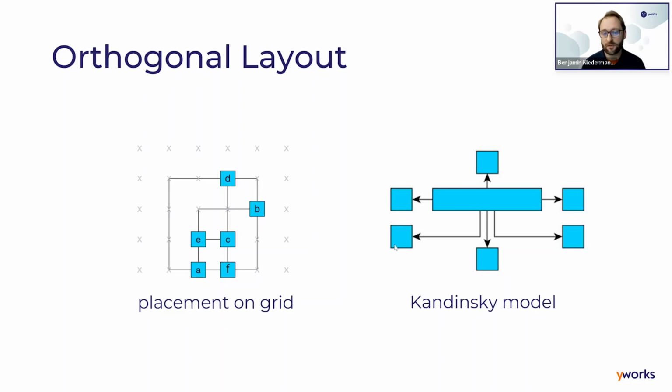And the solution was then to introduce the Kandinsky model, which basically says that a node can have an arbitrary number of incident edges, but if 2 or multiple edges leave the same side of the node, then there's a center edge that does not need to bend, but all other edges bend. So for example, this on the left-hand side bends to the left side.